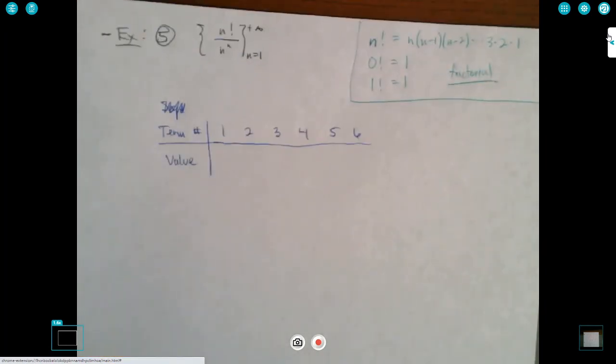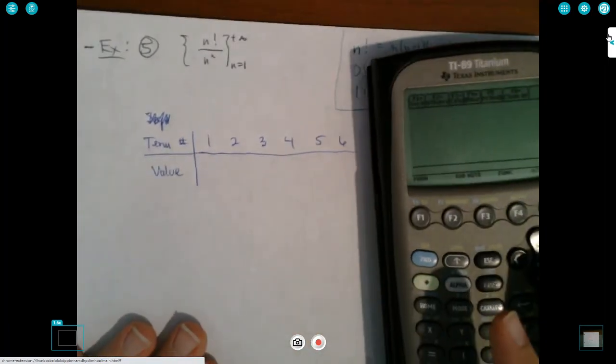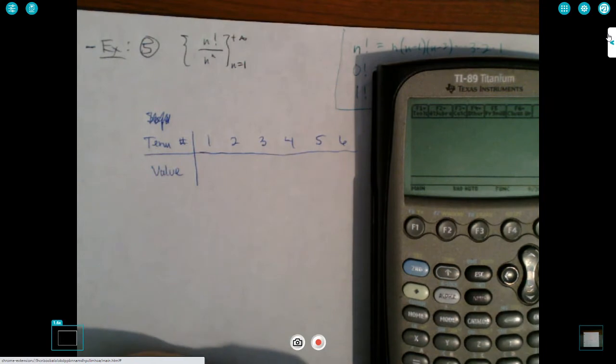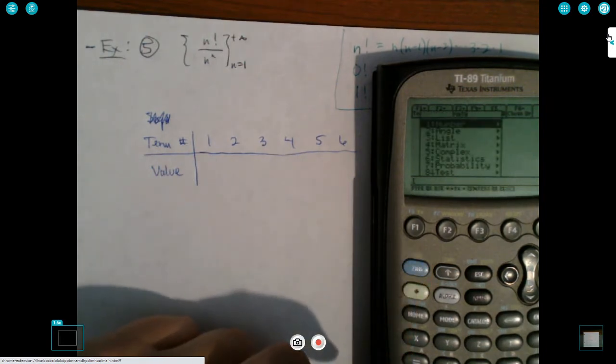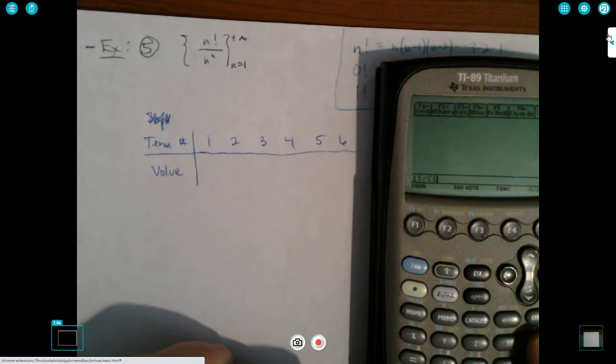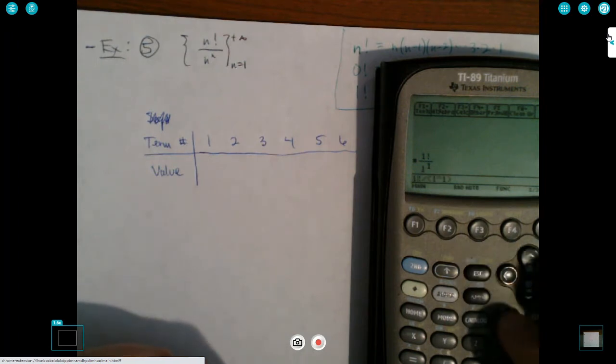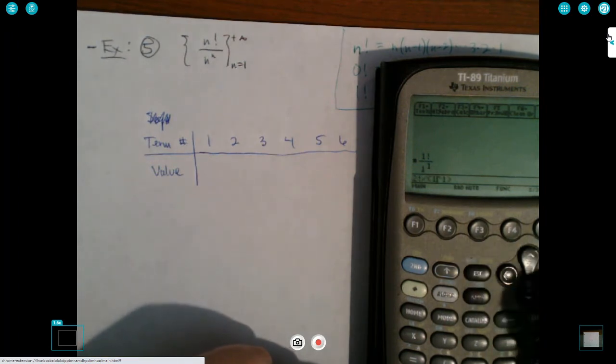You'll have to find the factorial button on your calculator, but I'm going to do 1 factorial divided by 1 to the 1. That's just 1, of course. That's not surprising. But now I can come back and replace these things a little more quickly.